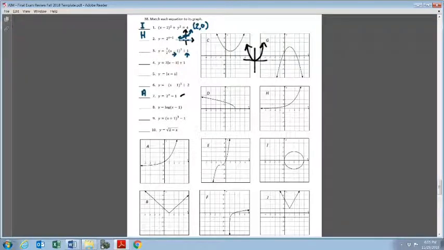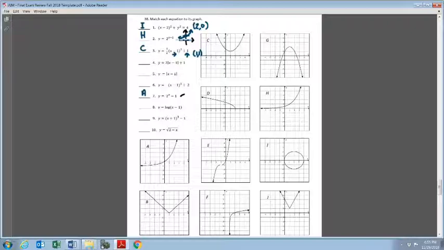So we're going to move 1 to the right and up 1. So 1, 1 is going to be our vertex, and it does open up because of that positive number out front. And so that would have to be letter C.